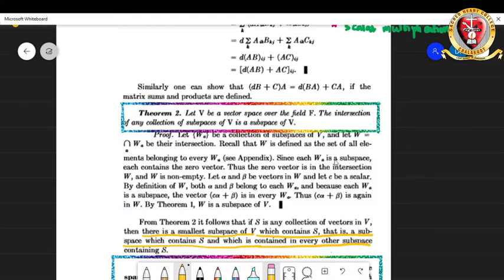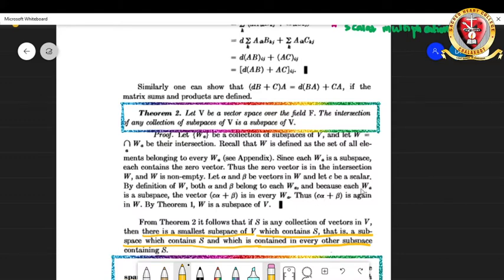Since each W_a is a subspace, each must contain a zero vector, right? So the zero vector will be inside the intersection too, that is 0 belongs to W, so it is non-empty. Now if alpha and beta are vectors in W and c is a scalar, by the definition of W, alpha, beta both belong to every W_a because they are inside W. Intersection means every W_a will have them.